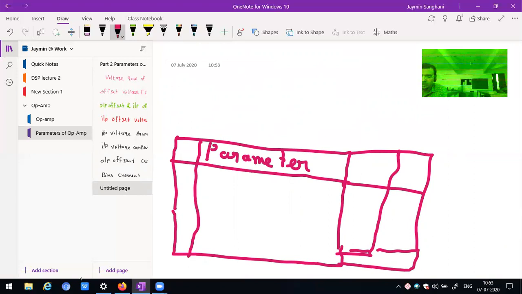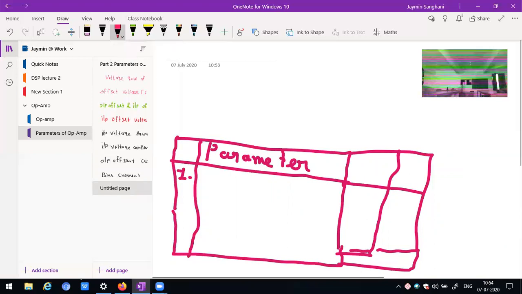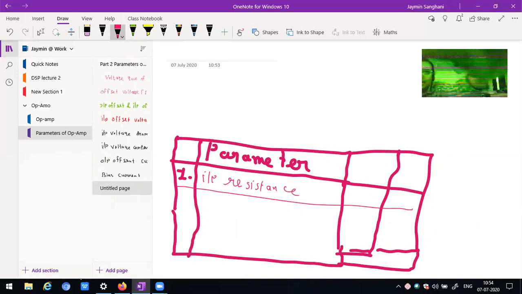The first parameter is input resistance. Ideally, input resistance is infinite, and practically 1 mega ohm.